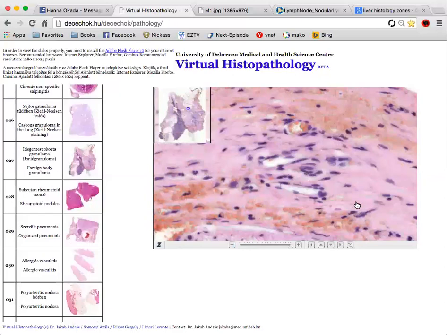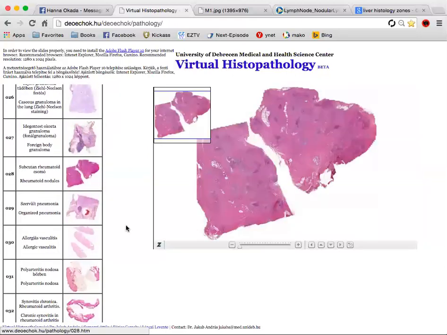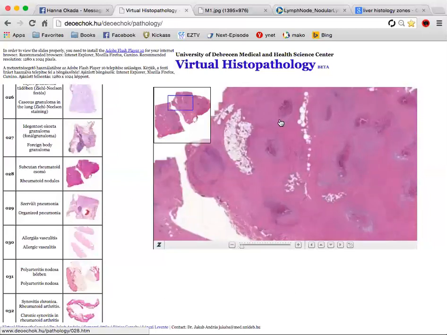Okay, so next up, these are rheumatoid nodules and rheumatoid arthritis, and this is subcutaneous tissue, and you see a lot of nodules here. This is very common in rheumatoid arthritis.